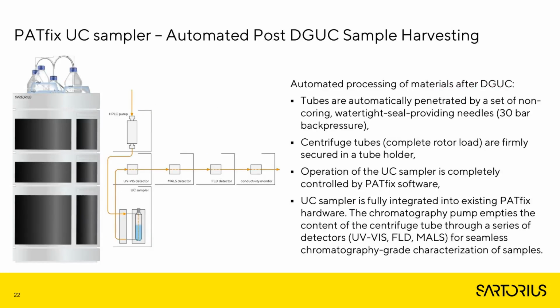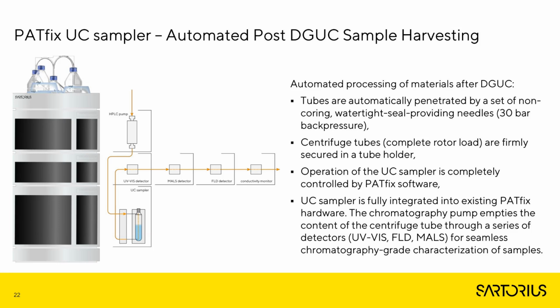So what we did to bypass these limitations, we have developed in our lab an automated approach that mitigates some of the drawbacks of manual sample harvesting. We are presenting here the PatFix UC sampler that basically automates the entire fraction collection and sample harvesting protocol.